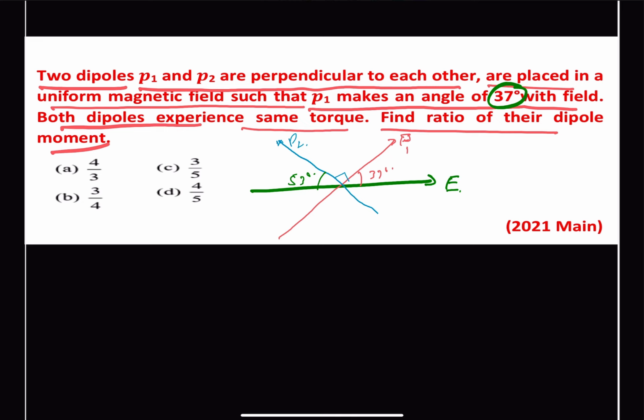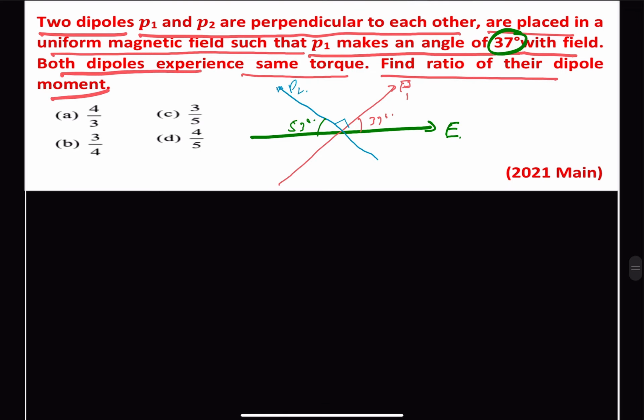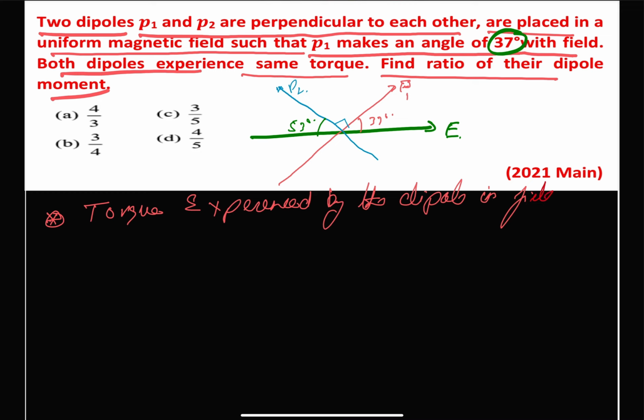The general formula for the torque experienced by a dipole in an electric field is tau equal to dipole moment times electric field times sine of theta, the angle between the electric field and the dipole. We can divide this formula into two parts.